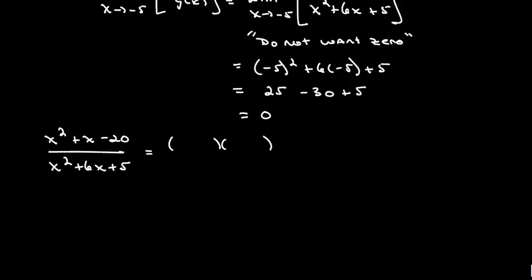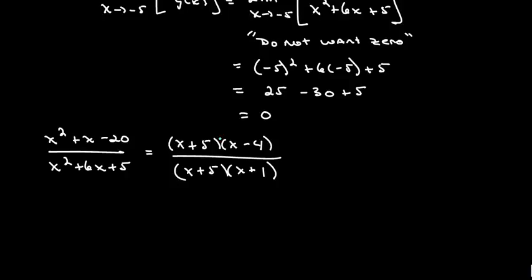I'm going to factor the numerator and the denominator, looking for like terms to cancel. The top is going to be x plus 5 times x minus 4, and the bottom is x plus 5 times x plus 1.